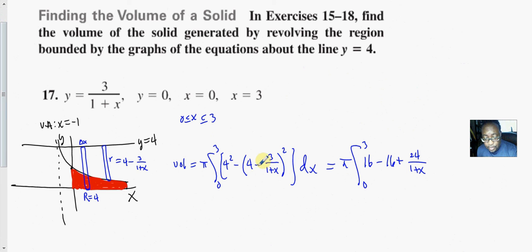And then this is plus 9 over 1 plus x squared, but then that minus out there trumps it, so this becomes minus 9 over 1 plus x squared dx.